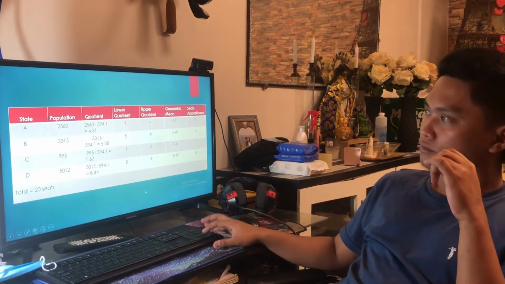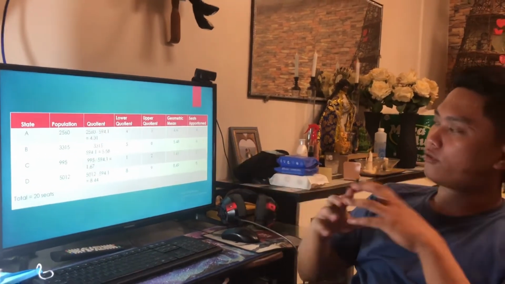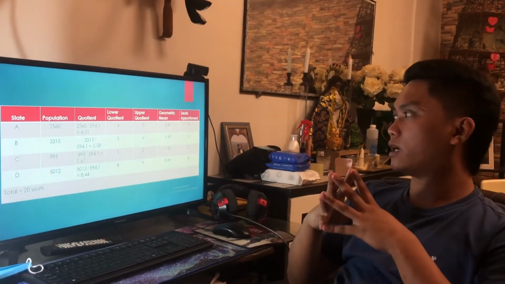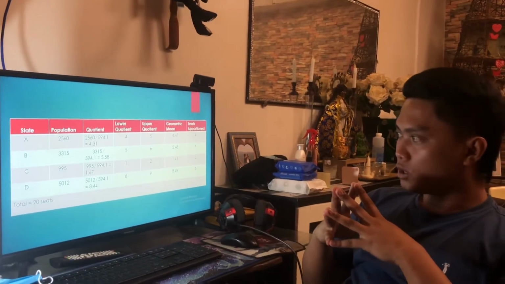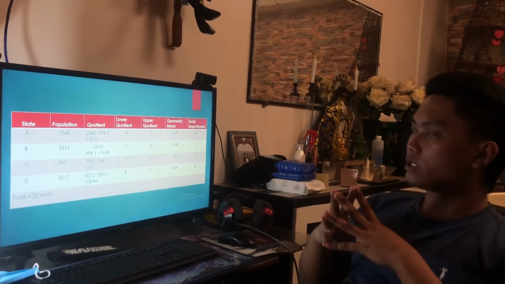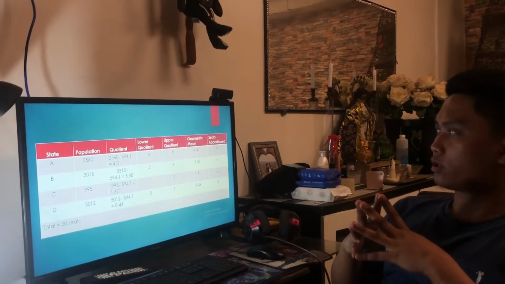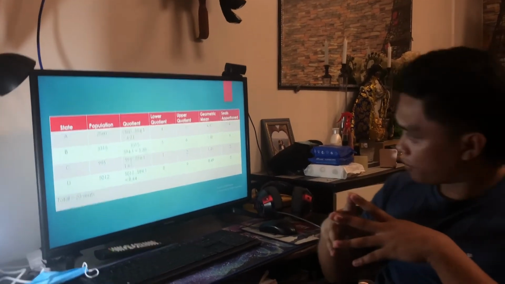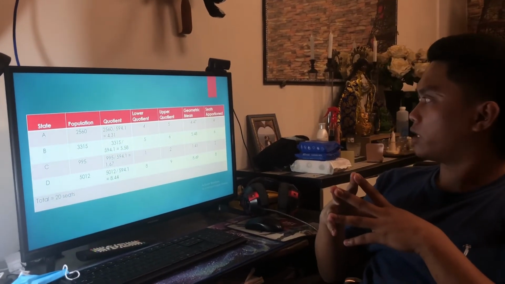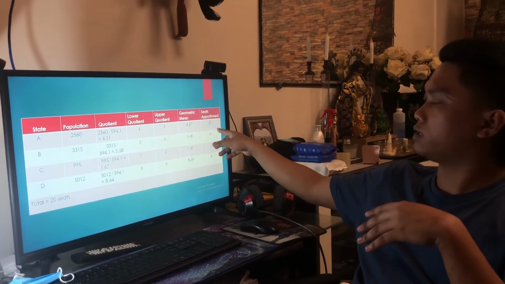And this is the state population. State A has a population of 2,560, and the quotient is 2,560 divided by 594.1, which equals 4.31. The lower quotient is 4, the upper quotient is 5, the geometric mean is 4.47, and the seat appointed is 4.